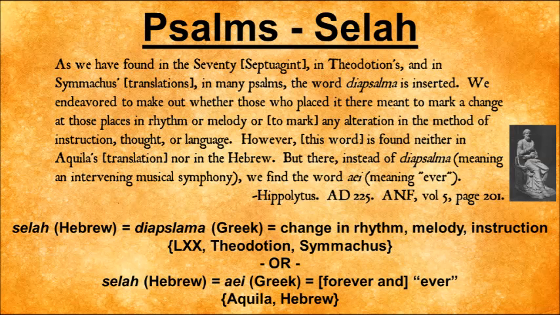We endeavored to make out whether those who placed it there meant to mark a change at those places in rhythm or melody, or to mark any alteration in the method of instruction, thought, or language. However, this word is found neither in Aquila's translation nor in the Hebrew, but there, instead of diasalma, meaning an intervening musical symphony, we find the word ae, meaning ever."